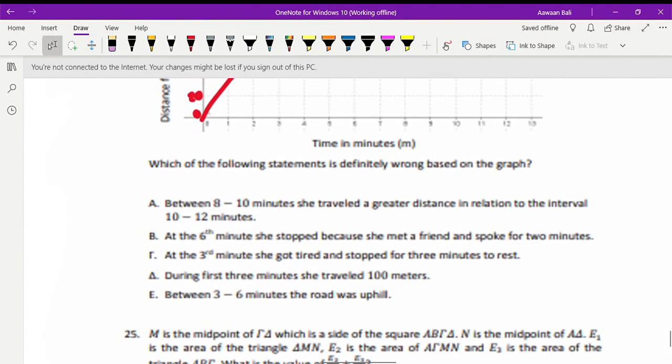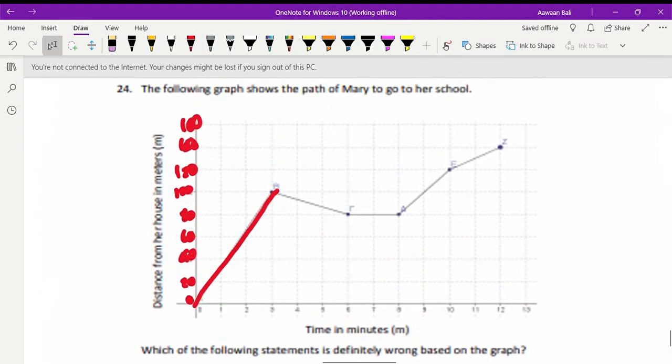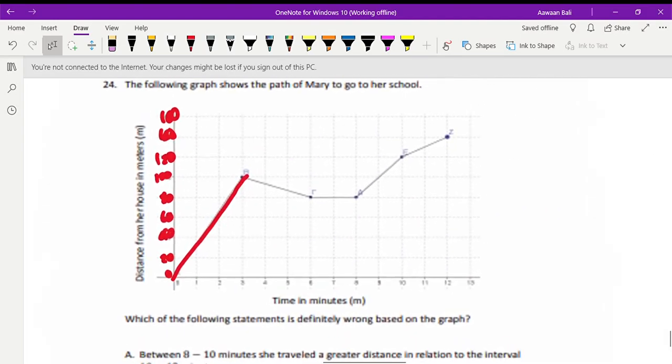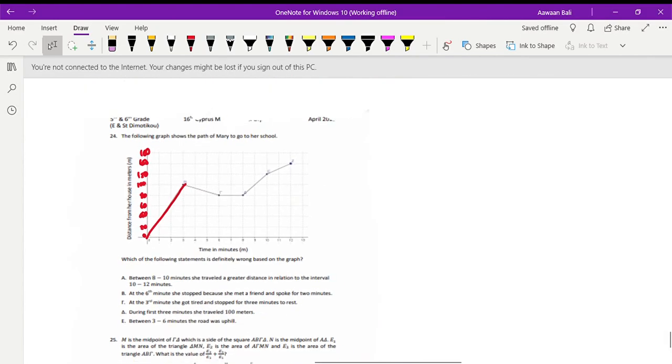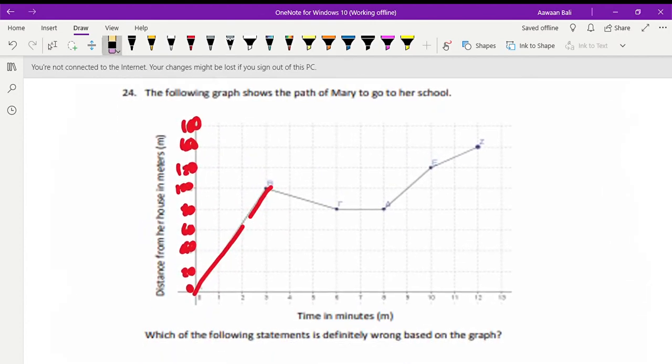Between 3 to 6 minutes, the road was uphill for Eta. Now, the line is only going down to show that she's going slower. But why? Normally when a car drives uphill or anything like that, you go slower, right?